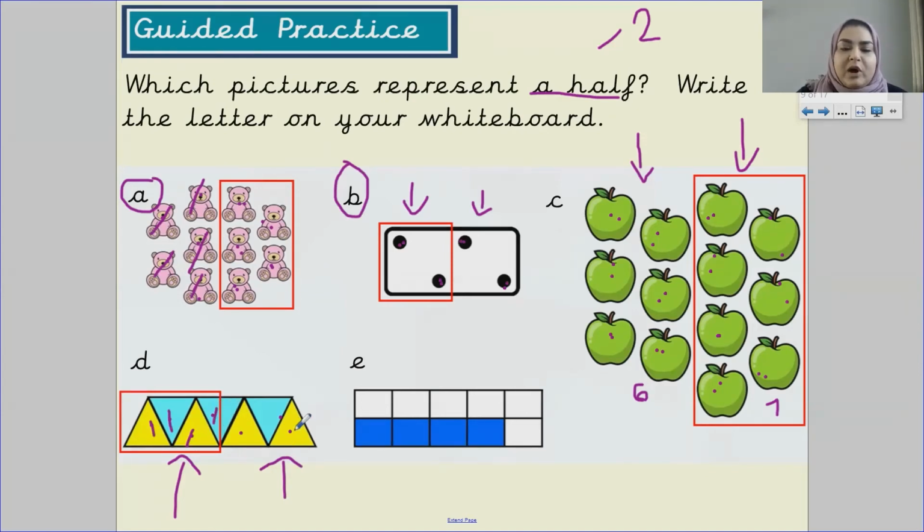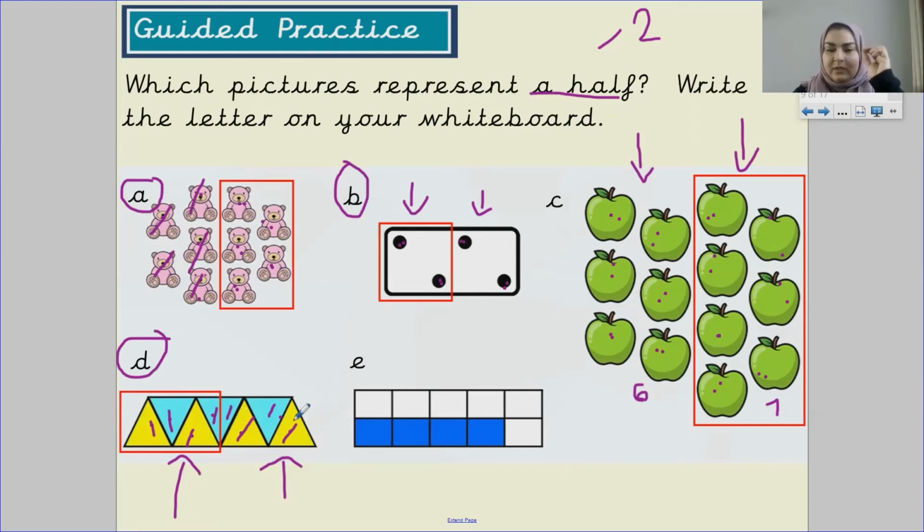Then part 2 has 1, 2, 3 triangles and a half. So this part has 3.5 and this part has 3.5. Is that representing a half? Fantastic, yes, because both parts are equal.